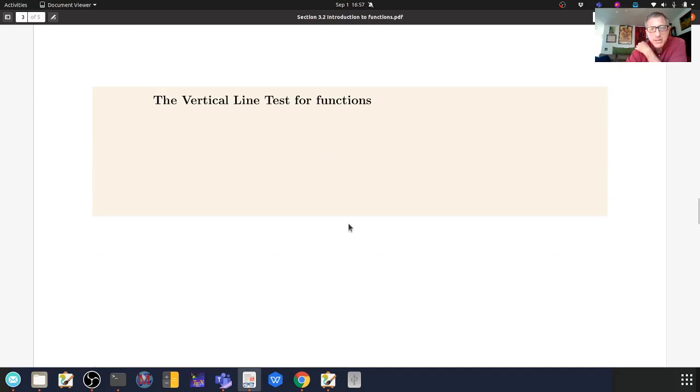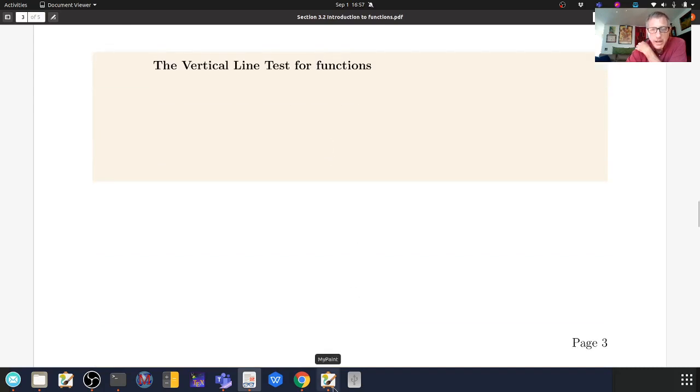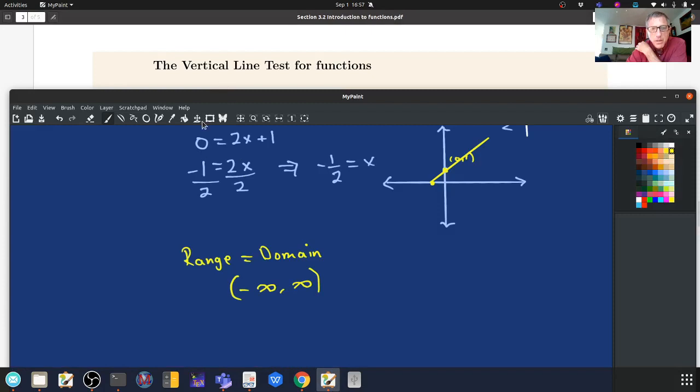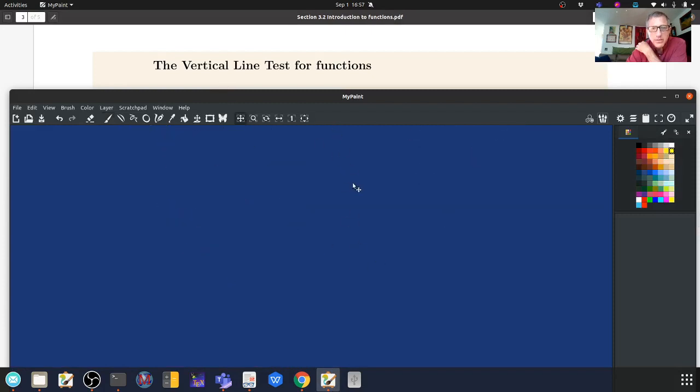And I just literally gave you what I used, the vertical line test for functions. So the vertical line test for functions is the following. Given the graph of a relation, what's our question? Is that relation a function?